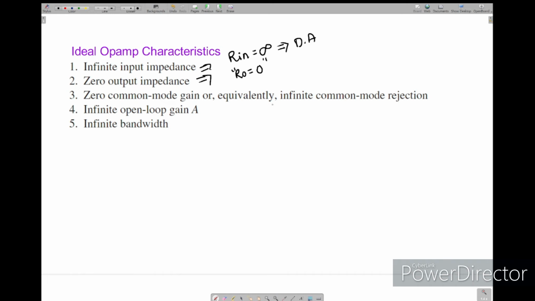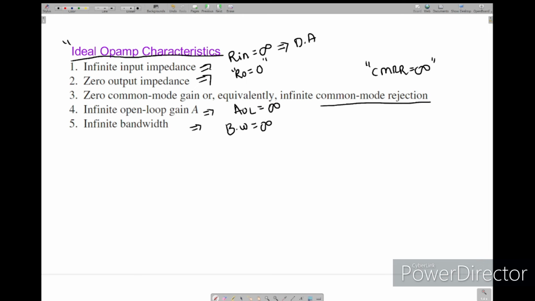I told you, 0 common mode gain is equivalent to infinite common mode rejection ratio, CMRR equal to infinity. I will tell you why we require a high CMRR in later stages. And the infinite open loop gain, AOL equal to infinity, and it has infinite bandwidth. These all are the ideal op amp characteristics.